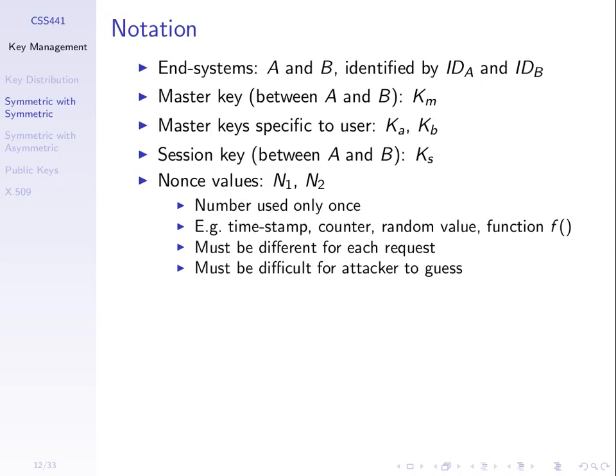If the attacker did a replay attack, they took one message that was sent before and simply resent that exact same message, the receiver will see this nonce value is the same as before, therefore it's a replay of the original message. So it's commonly used to identify replay attacks, and you'll see it through the upcoming protocols.